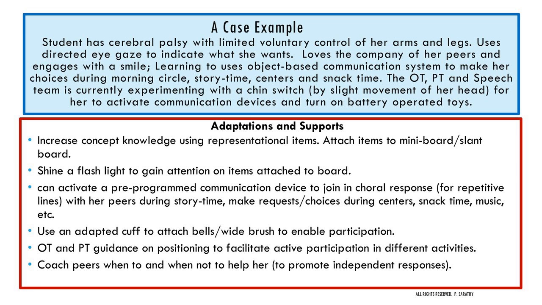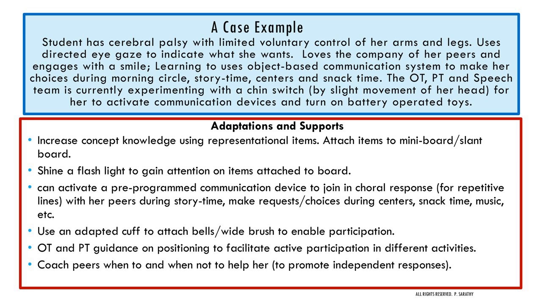So let's look at some examples. The student has cerebral palsy, has limited voluntary control of her arms and legs. She uses directed eye gaze to indicate what she wants. She loves the company of her peers, and that's a strength. So it is important to use some peer-mediated intervention to help her to connect with her peers.